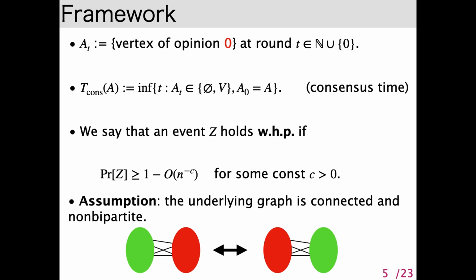We say that an event holds with high probability if the event holds with probability at least 1 minus a polynomial inverse. Here, n is the number of vertices of the underlying graph we consider. In this work, we assume that the underlying graph is connected and non-bipartite.